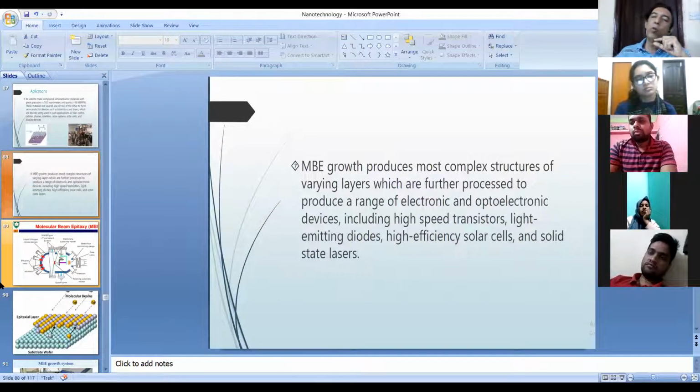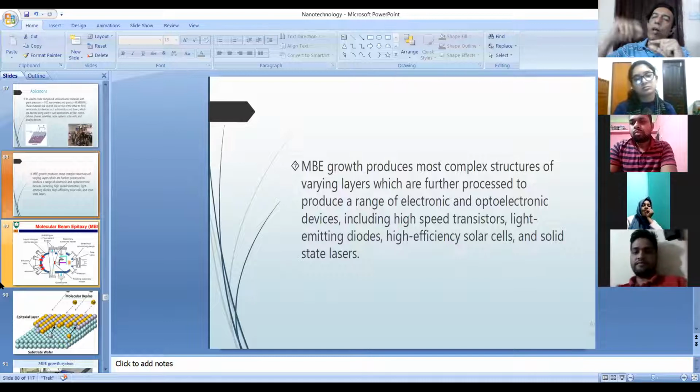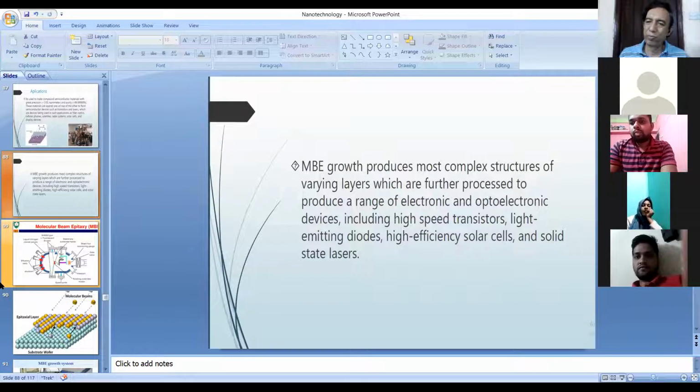Now you want to prepare a thin film of silicon on that silicon substrate. So the film is of silicon and your substrate is also of silicon.